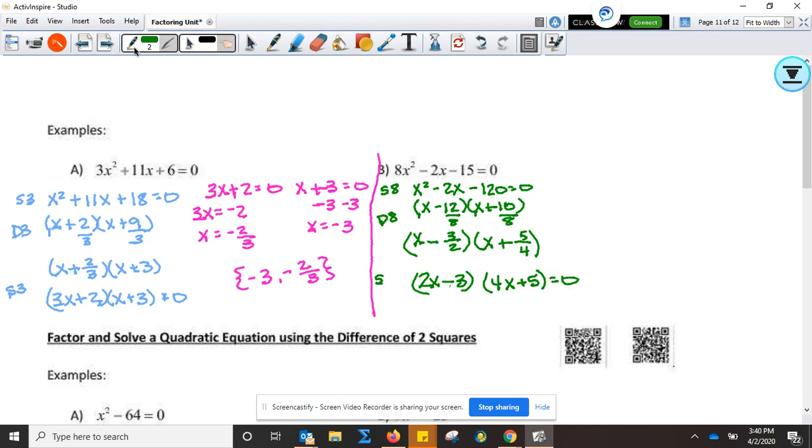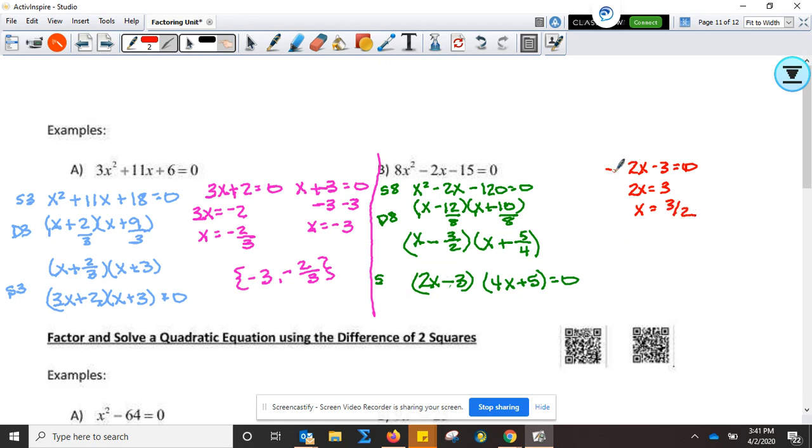So now what I'm going to do, I'm going to solve each one of those sets of parentheses. So I have 2x minus 3 equals 0. So I'm going to add 3 to both sides. 2x equals 3, x equals 3/2.